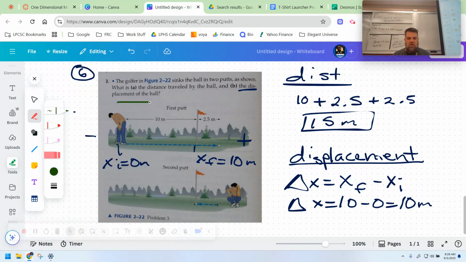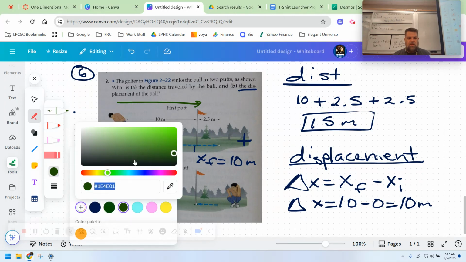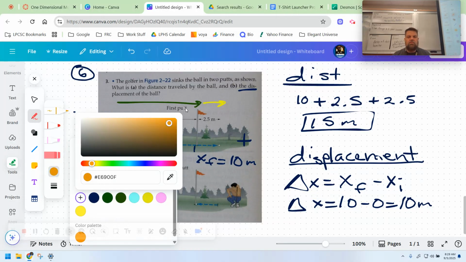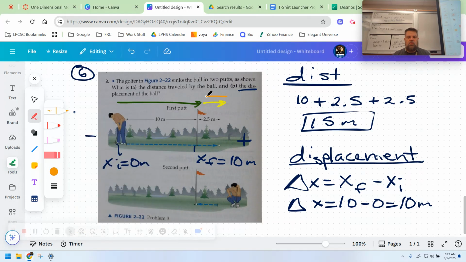The path that the ball travels is it does 10 meters first, right? And then it does 2.5 meters, and then it does 2.5 meters this way.